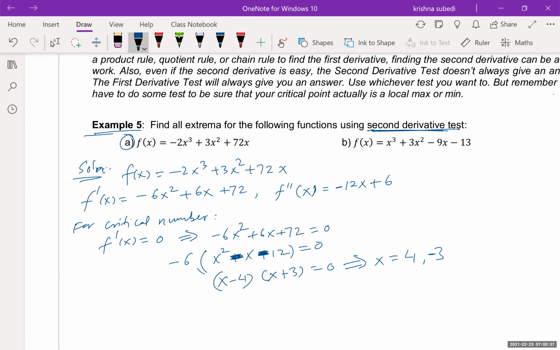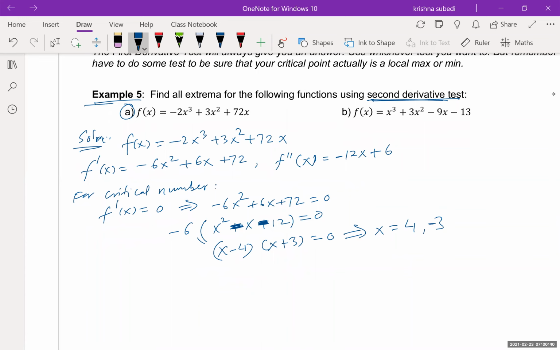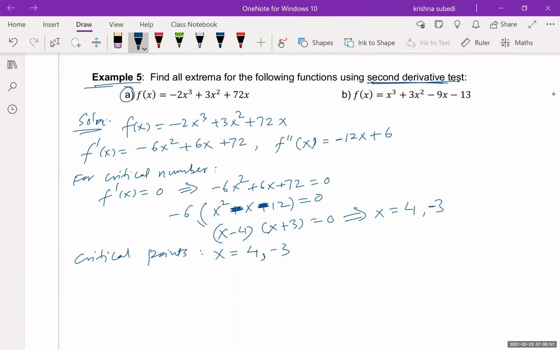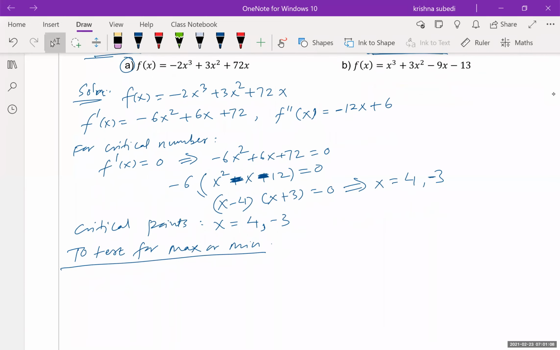All right, so we got these two points. Now these are the candidates. So critical points are x equals 4 and negative 3. They are the candidates for maxima and minima. Now we need to test. To test for maxima or minima, what we did earlier is that we used the first derivative test, which means we draw the number line, plot those critical points, have intervals and test the points.